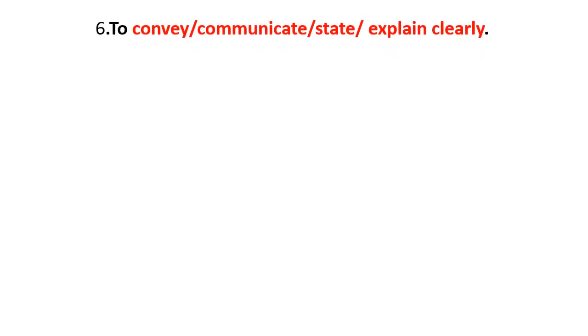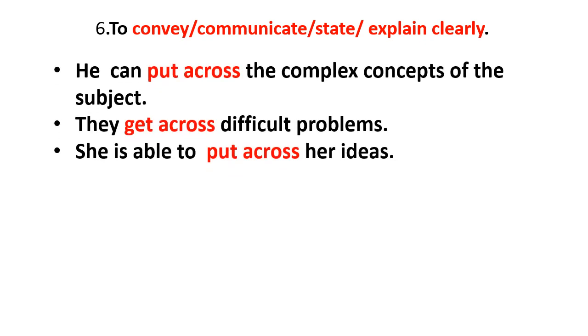Look at another meaning for which across is used. When we want to convey or communicate or state or explain clearly, then we make use of across. Look at the example sentences. He can put across the complex concepts of the subjects.